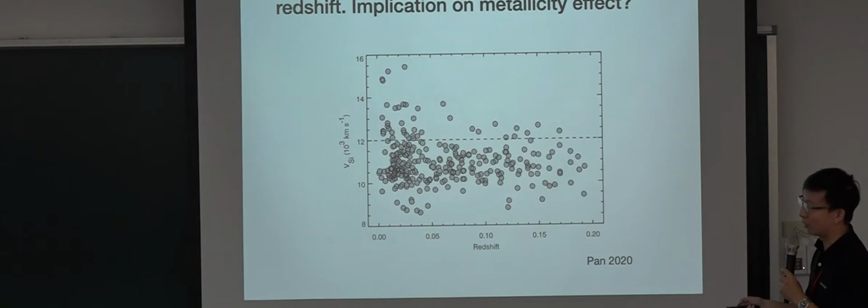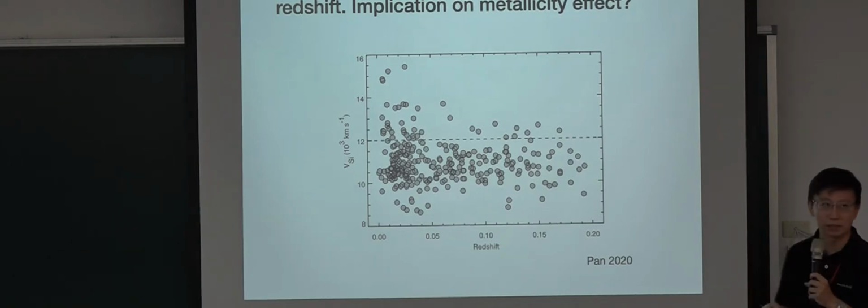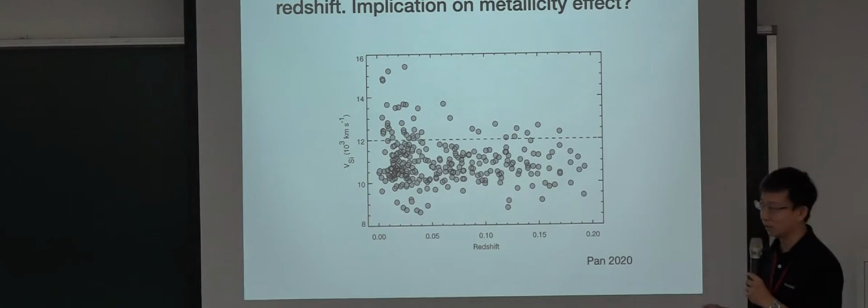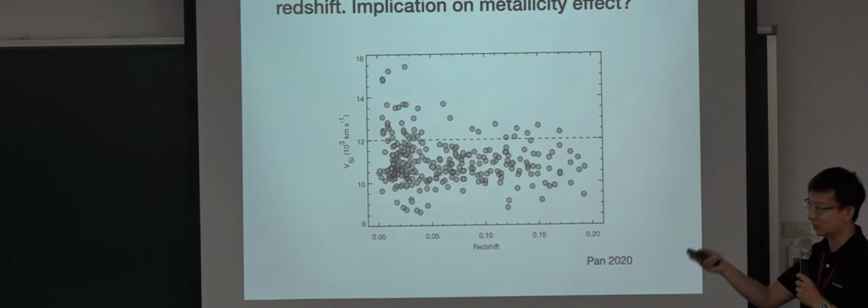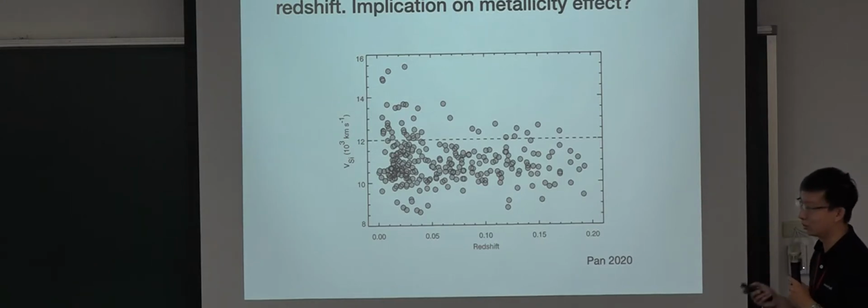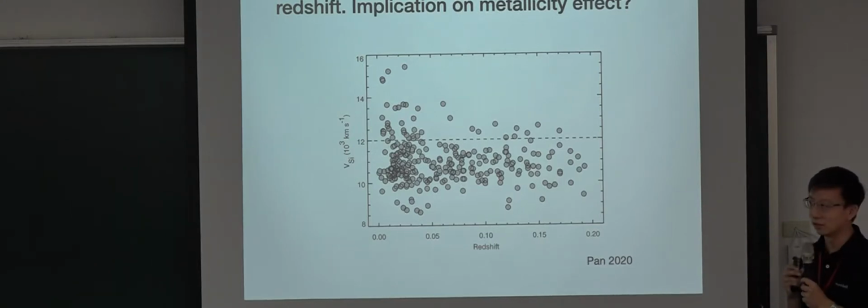For example, why is metallicity important for these sub-Chandrasekhar explosions? Once we get some hints or clues, we can have a better understanding, because just based on the observations, that's the best we can do. We need some theoretical explanations.